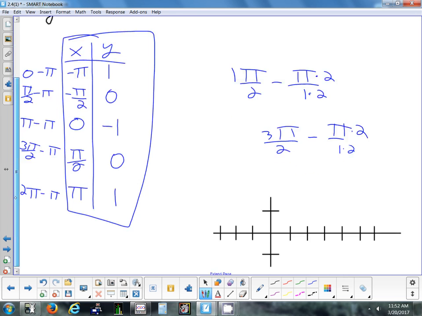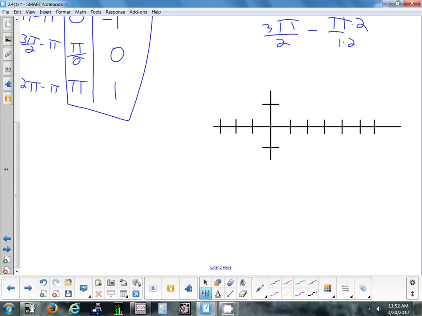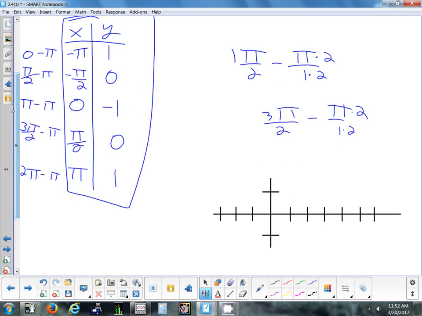Graph it. Okay, this time you need a little bit of room on the negatives, so leave a couple spots for negative pi over 2. You don't need to label 0, because that's the axis. Pi over 2 and pi.